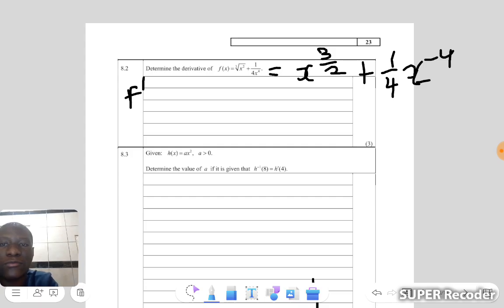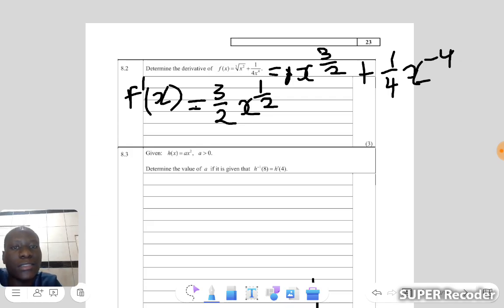So the sign for derivative is that one, f prime equals 3 over 2 times 1, because there is 1 here. So it will be 3 over 2 x to the 3 over 2 minus 1, and 3 over 2 minus 1 equals 1 over 2, right?